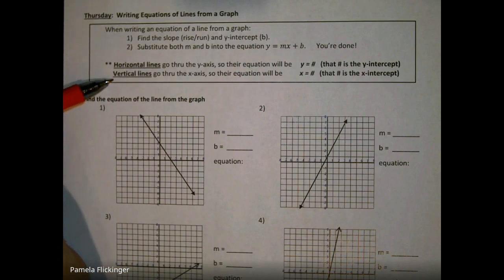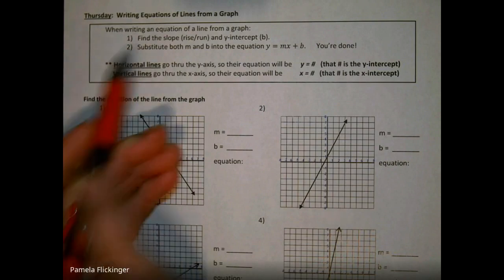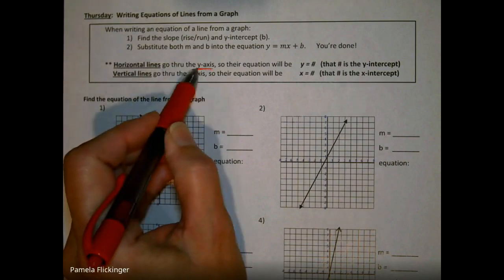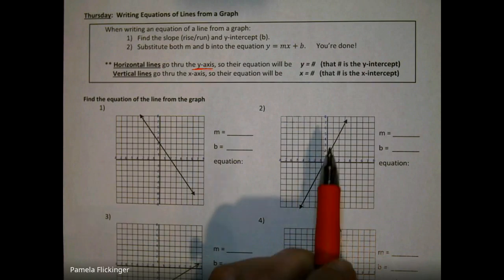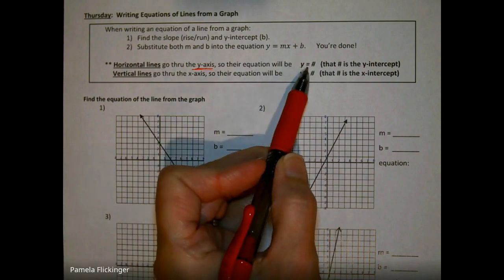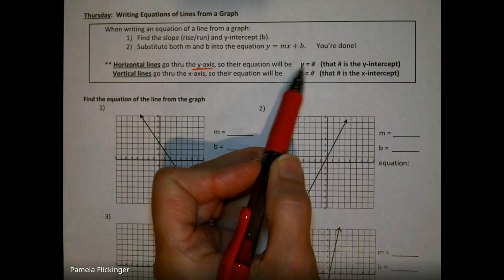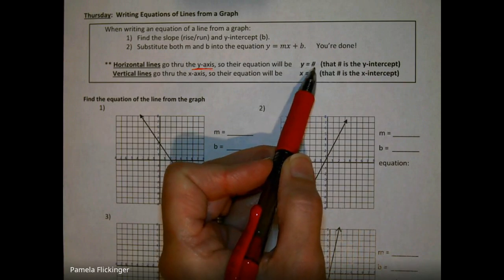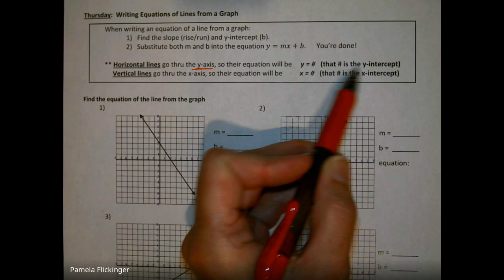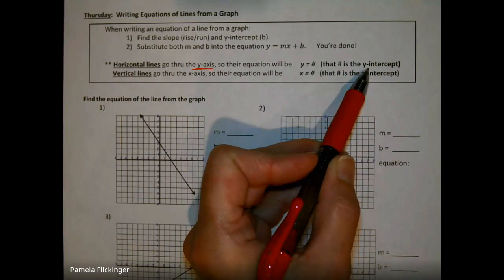Now there are those two special lines, our horizontal and vertical. We have to remember horizontal lines go through the y-axis, so their equation will always be y equals some number. There won't be an x, just a y. That number will be whatever the y-intercept is.